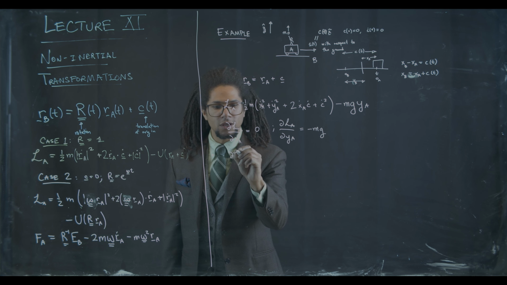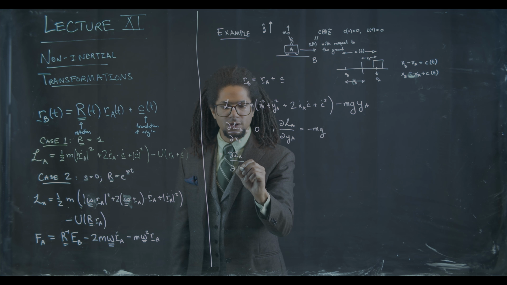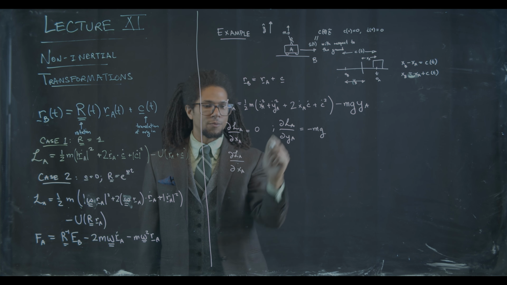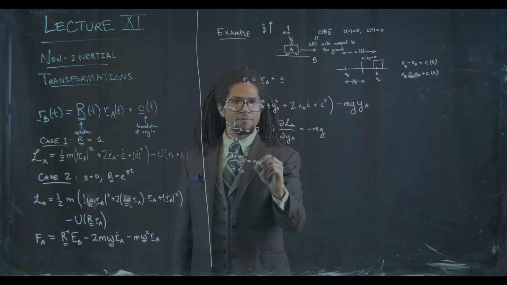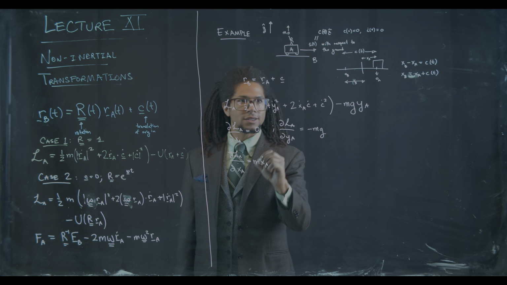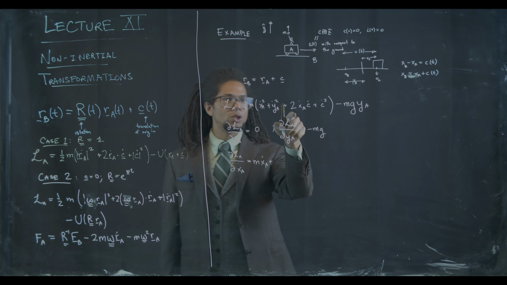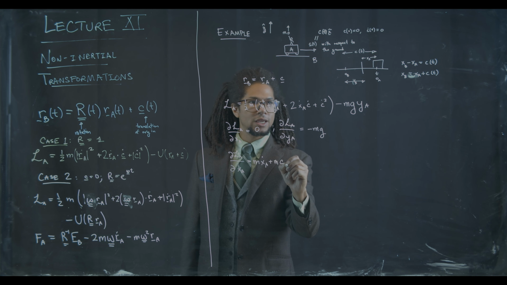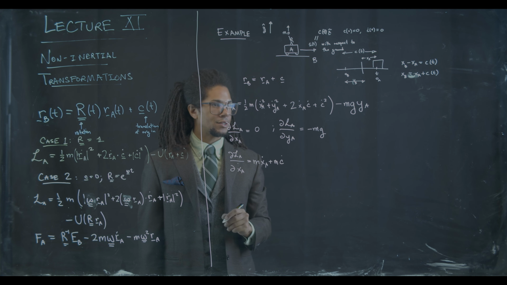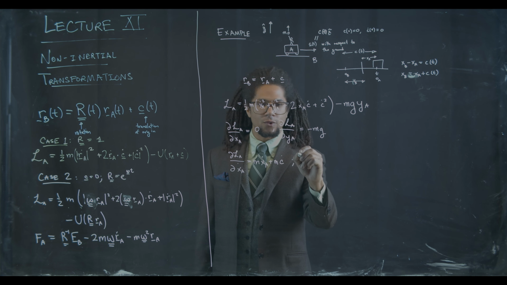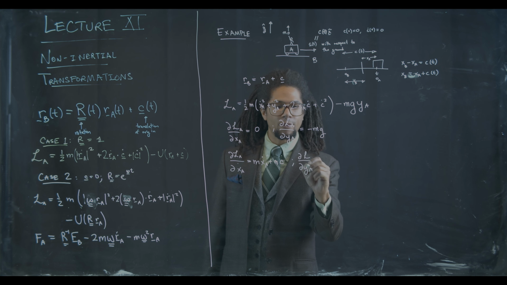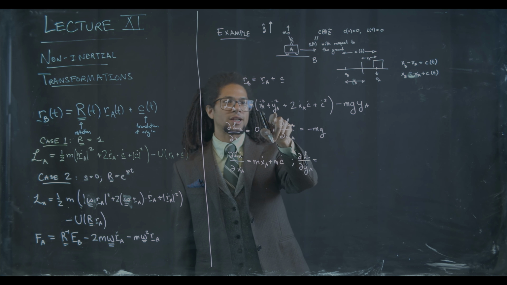Next, let's do the derivatives. So x A dot. Now something interesting happens because we do pick up an extra term. So we get m x A dot plus, notice this 2 cancels that 2, and we get m c dot. Great. For y A dot, we just get what we would normally expect, just this part.